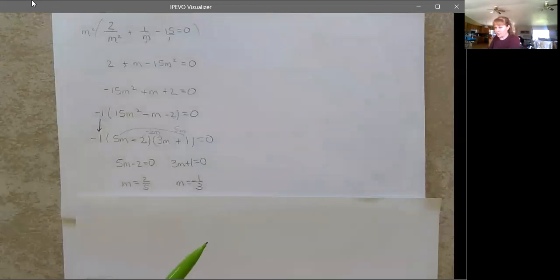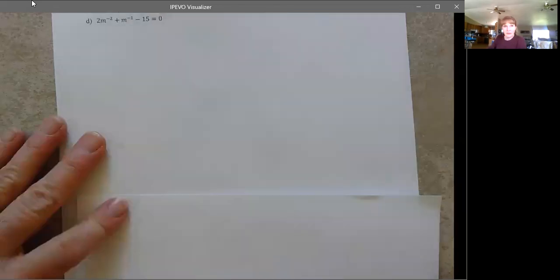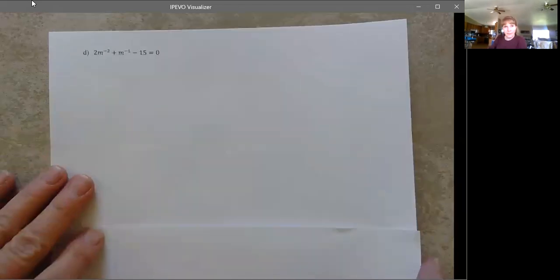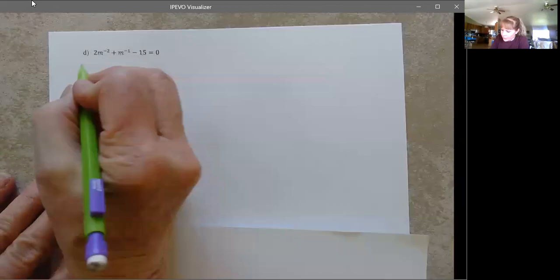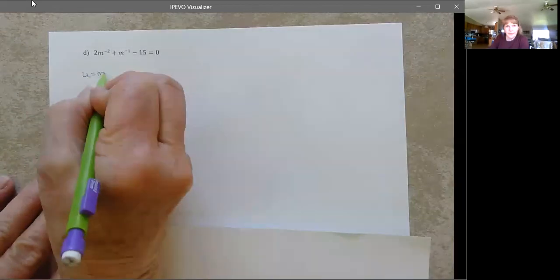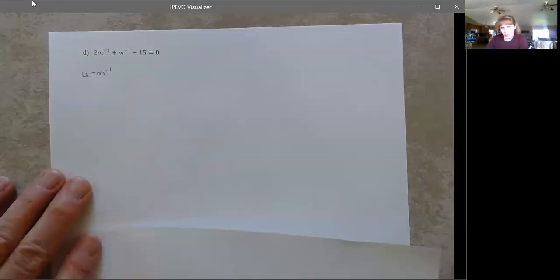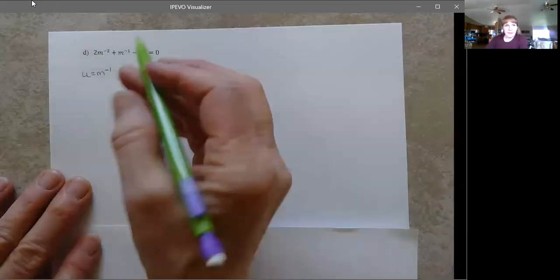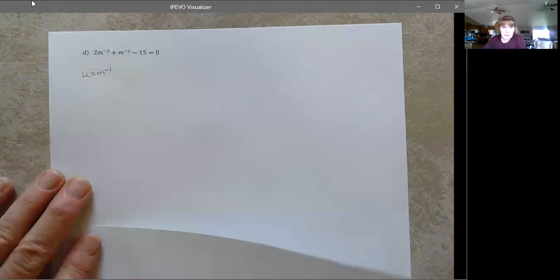Let's use substitution on this one. Okay. Here we go. We're going to let u equal the middle term. And the coefficient is a 1. You just ignore it. Okay, now what I'm going to do is square both sides of my u.